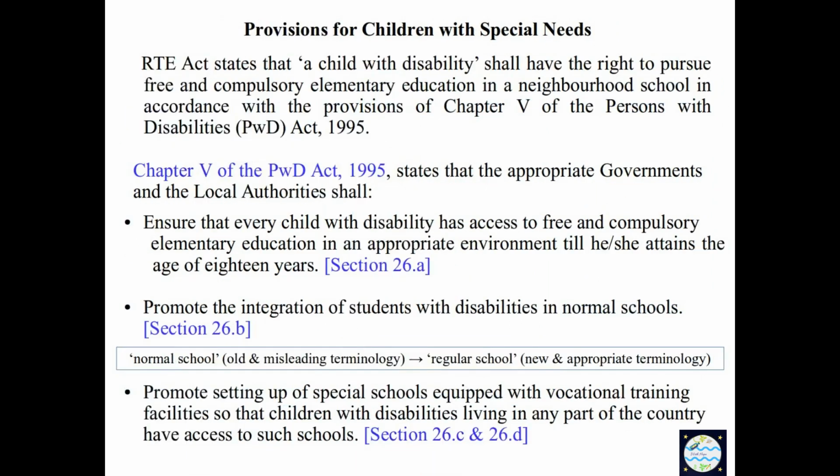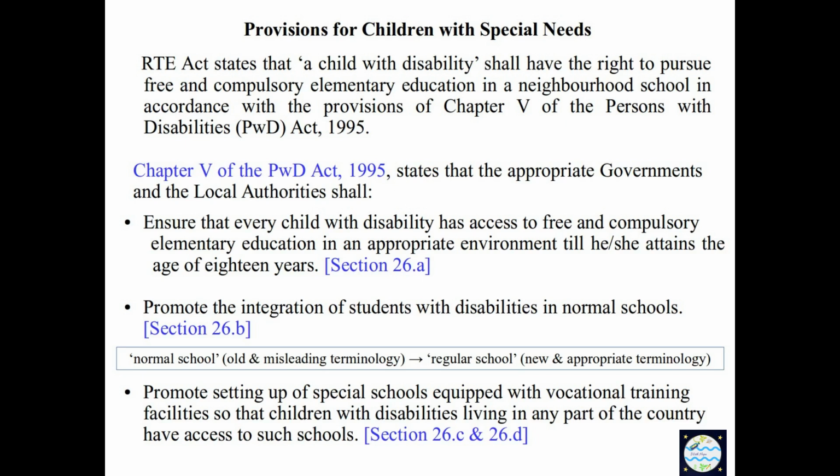The RTE Act states that a child with disability shall have the right to pursue free and compulsory elementary education in a neighborhood school in accordance with the provisions of Chapter 5 of the Persons with Disabilities Act 1995.